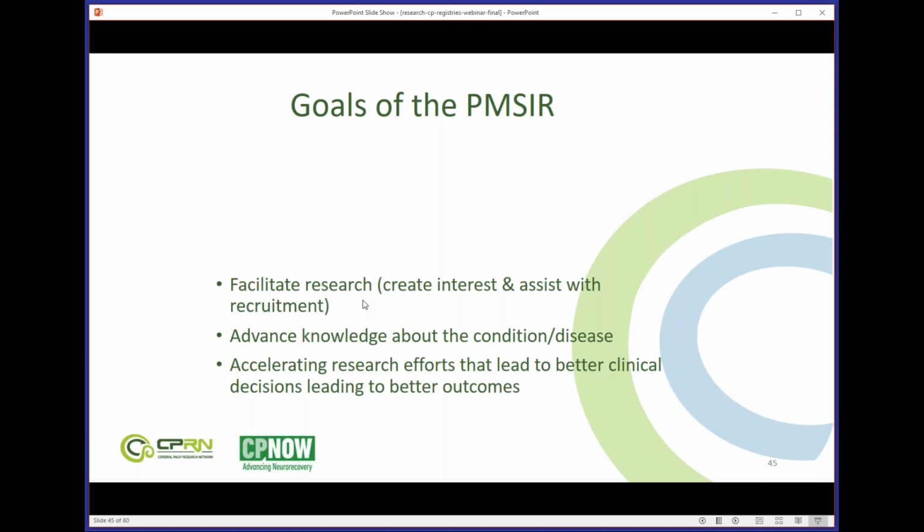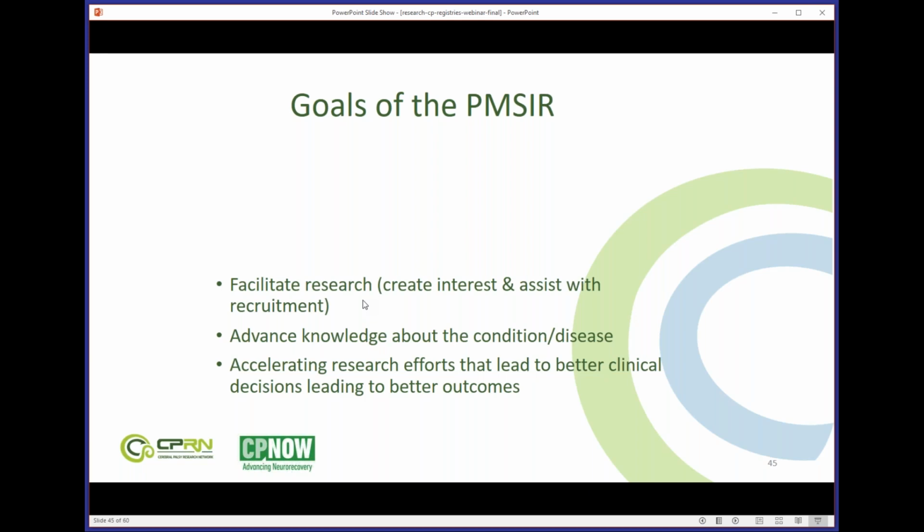And as I said before, we want to facilitate research, which can just be creating interest and also eventually assisting in recruitment. We want to advance knowledge about the condition. As I said, not everything was known, because all the publications in a rare disease tend to be like, 7 out of the 9 children seen by Dr. So-and-so had this. Well, neither 7 nor 9 is a very big number.